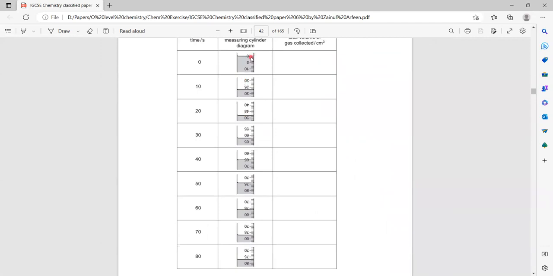So you can use the screen annotation to complete this. The first one is 0.0.